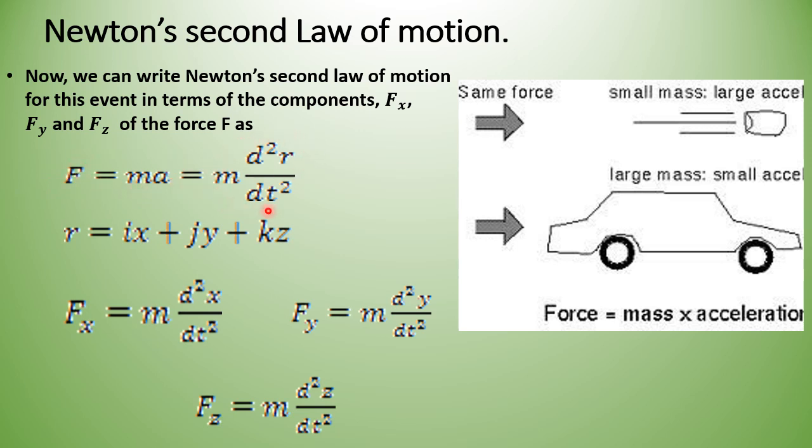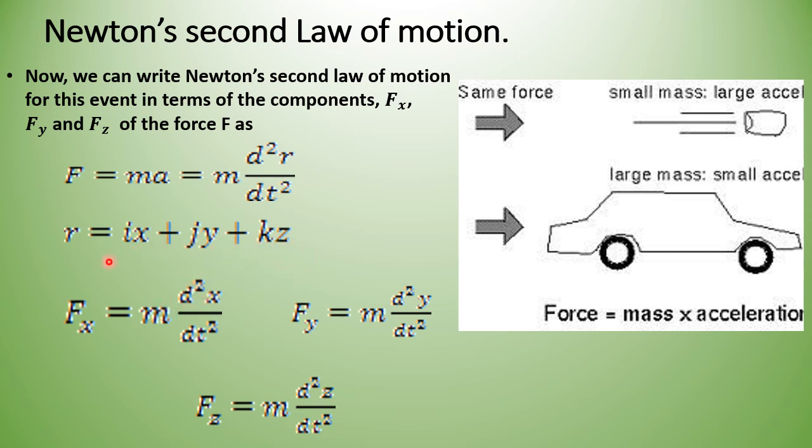Then, in terms of the position vector r, you have m d squared r over dt squared, knowing that d squared r over dt squared is the acceleration. And of course, the position vector r is defined as i x plus j y plus k z.